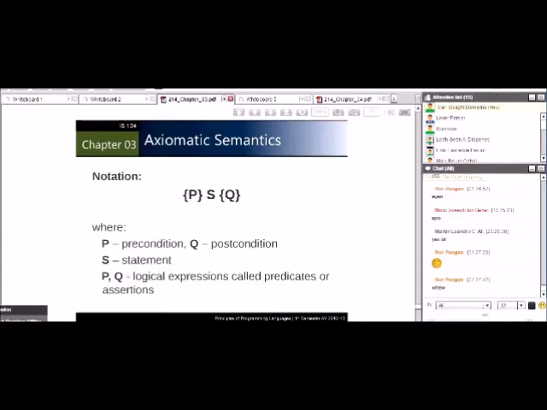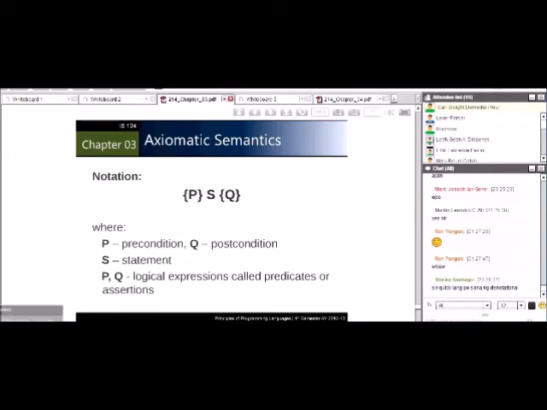The denotational semantics. Punta tayo sa axiomatic semantics. Medyo ano to, mathematical approach. Logical approach. Logical or mathematical approach. Okay. So alam na natin yung precondition, postcondition. So that is your form.